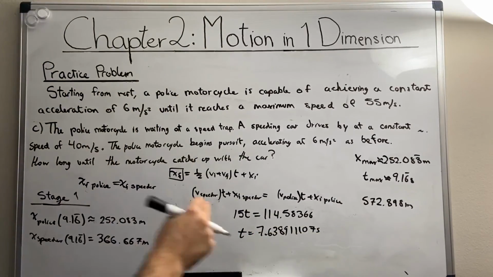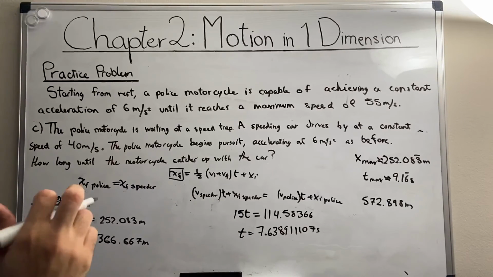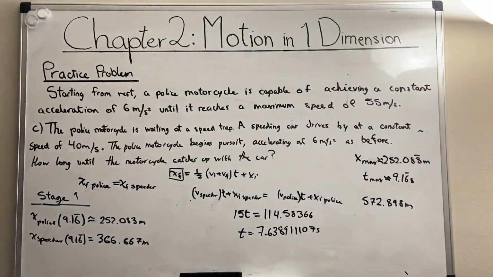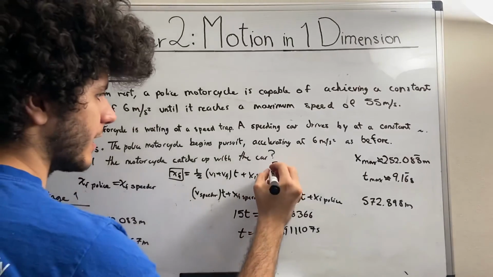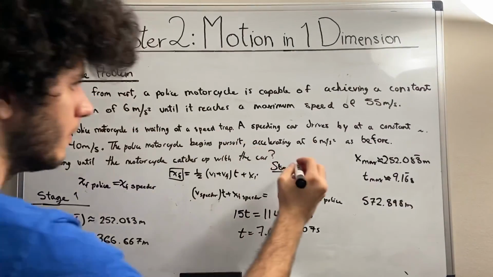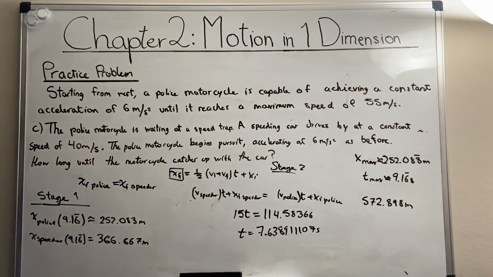And this might seem like the end of the problem. Someone might say that that's how long it takes, but that is not correct. This is without including the time that it took to get to the second stage, which I forgot to write here. The first stage lasted 9.16 seconds, and the second stage lasted 7.6389 seconds.